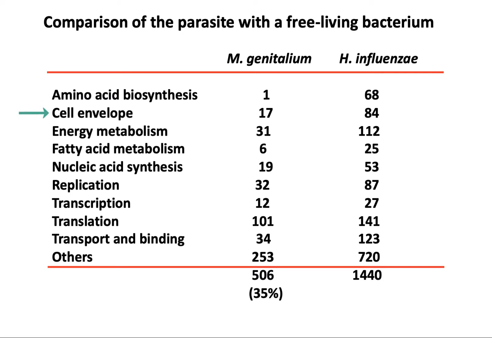Cell envelope is rudimentary. Energy metabolism is rudimentary. And all of them essentially are rudimentary functions in each. And in fact, they have about 35% of the gene capacity that Haemophilus influenzae has. So they've lost roughly 65% of their genome through becoming dependent on their host.